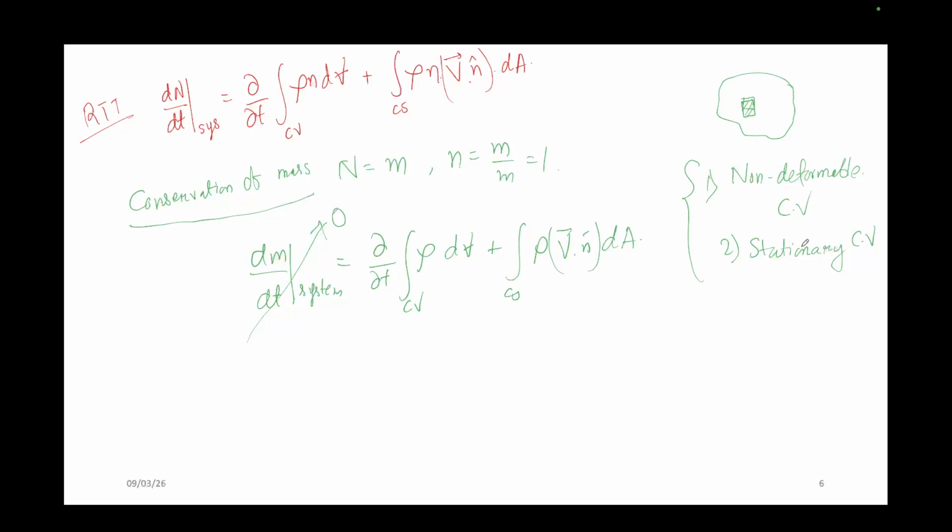As the control volume doesn't change with time, we can put this integration sign before the d/dt.